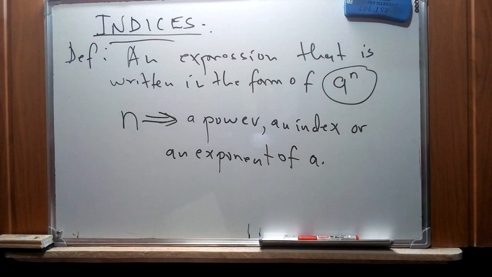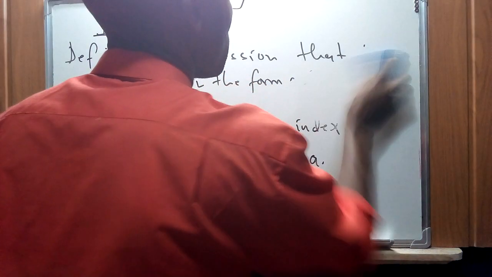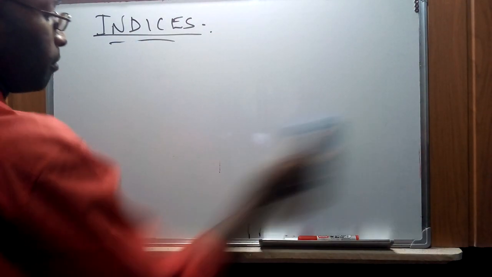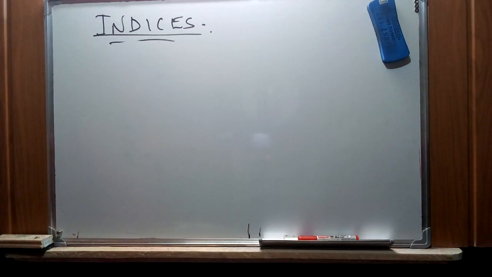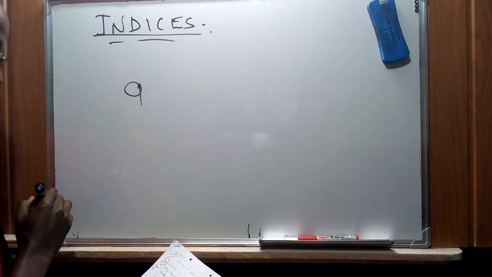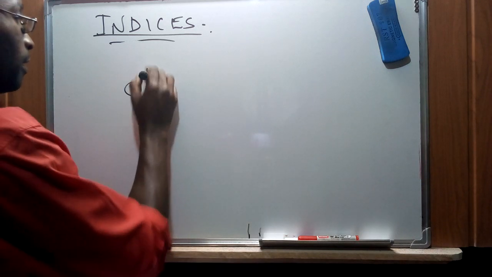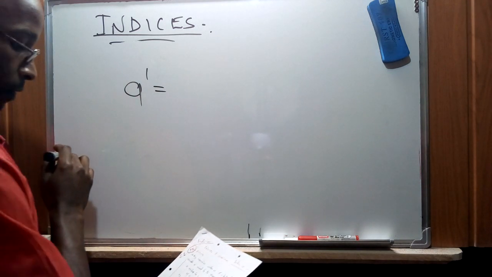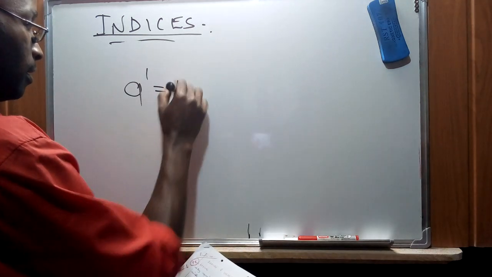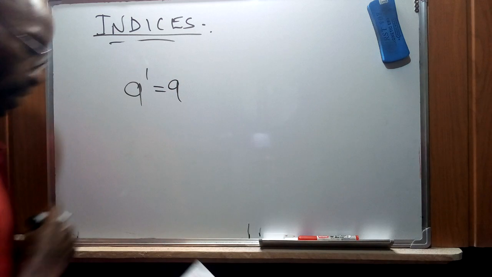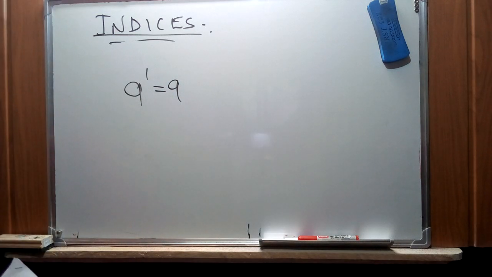For example, we can have an expression of this form, where we have this general variable a raised to power 1, which is equal to a. Therefore that expression is what we refer to as an index.